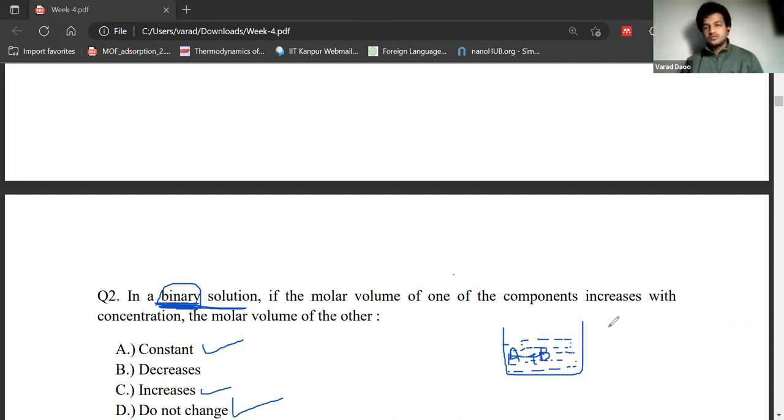So what is molar volume? It is molar volume or partial molar volume. I think it has to be partial molar volume, V1 bar.